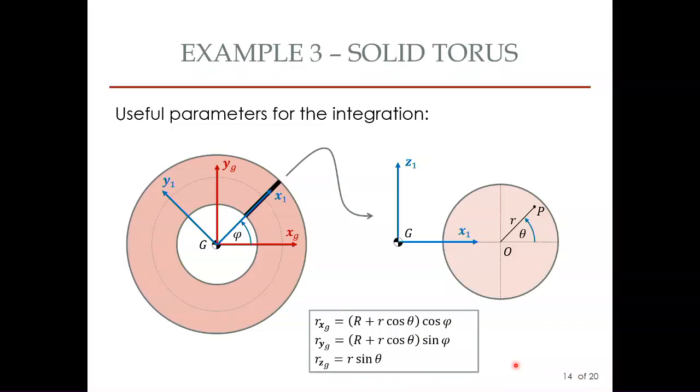And what I need to do now in order to integrate conveniently, because why am I using these coordinates? Because for theta, phi, and this little r, it is easy for me to choose the limits of the integration, right? What are the limits? This r is going from where to where? 0 to a, right? This theta from 0 to 2 pi, and this phi also from 0 to 2 pi to cover the entire donut.